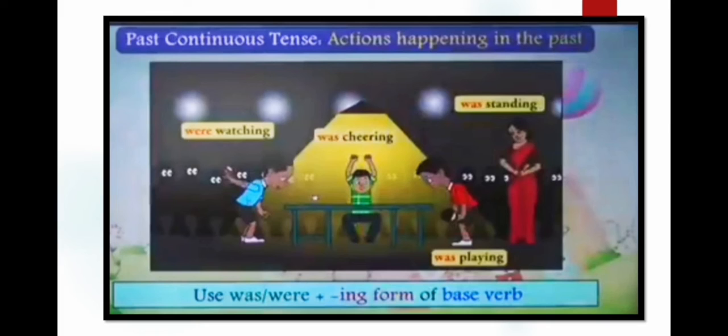So all the verbs which are in the past continuous tense follow a particular form. What is the form? We use was, were, depending whether the noun or pronoun is singular or plural. And we use the ing form of the base verb in the past continuous tense.